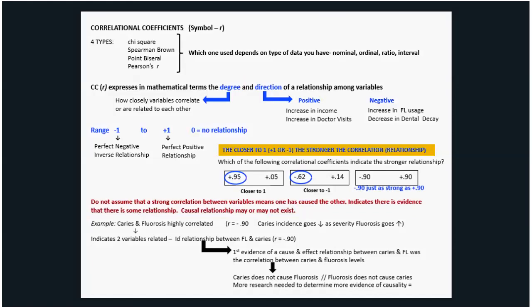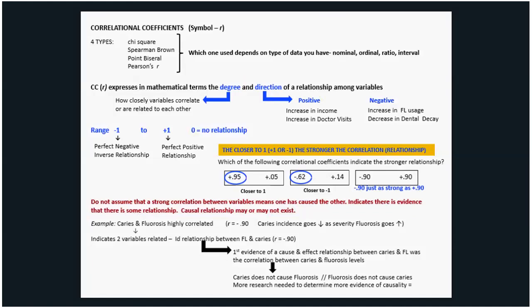The thing you're going to need to remember about correlational coefficients is that it's going to fall between a negative 1 and a positive 1. If they ask you a question and they've got any kind of answer that doesn't fall within negative 1 and positive 1, such as a correlational coefficient of 1.6, that's not a valid research study. That's not a valid answer.